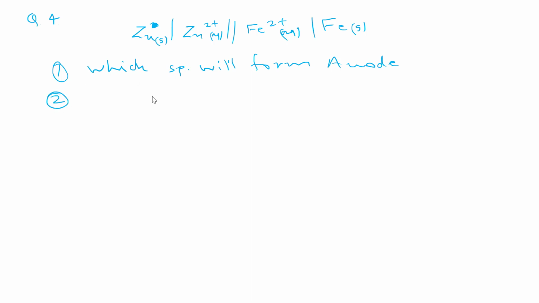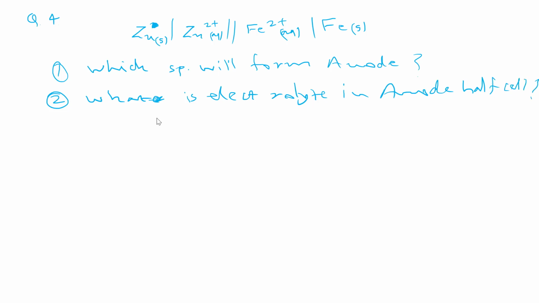Question number 2, what is the electrolyte in the anode half cell? Question number 3, which species will form the cathode here for the given cell?